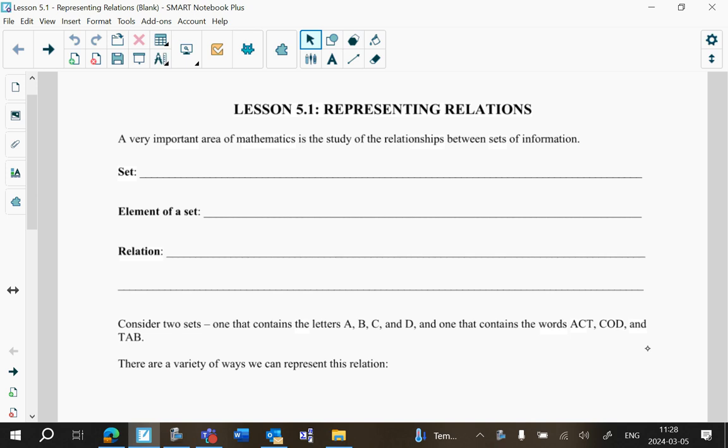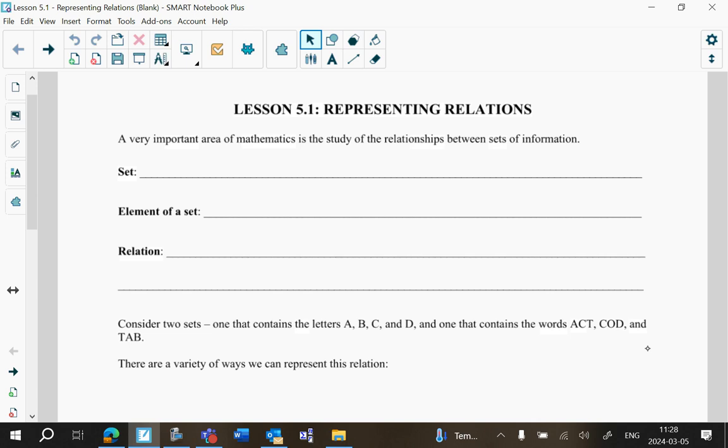So it could be that one set of information is time, and the other set of information is distance traveled, or something like that. One set of information is words, and the other set is how many times the letter A is in those words. I mean, there's all sorts of relationships that you can describe.